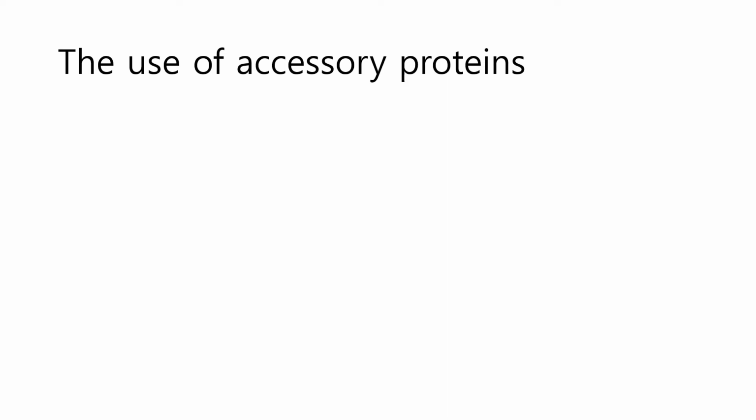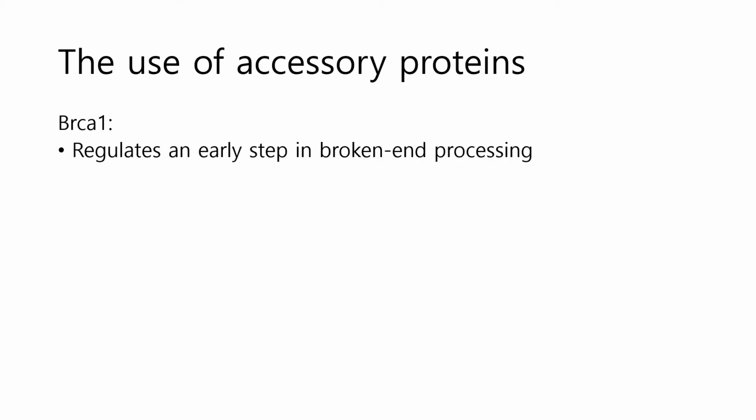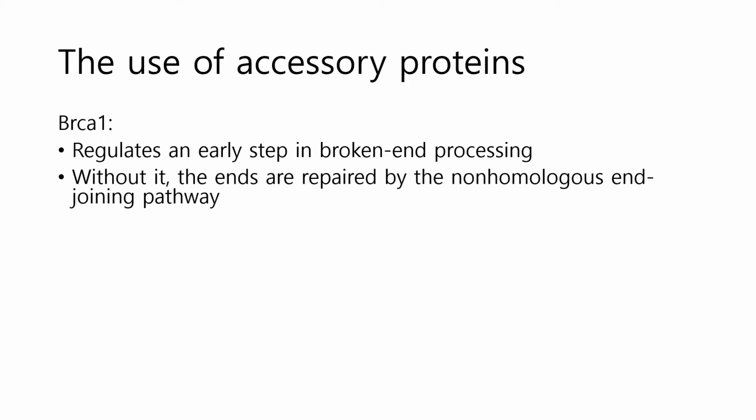The use of accessory proteins is also important to note. BRCA1, which is an important protein, regulates an early step in broken end processing. Without it, the ends are repaired by the non-homologous end joining pathway. BRCA2.